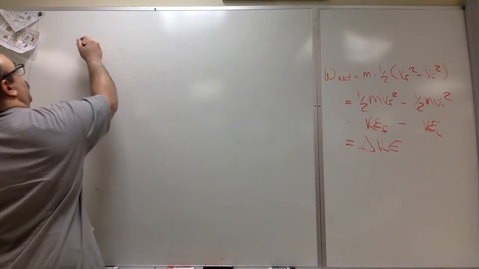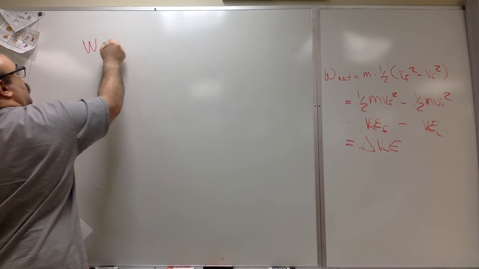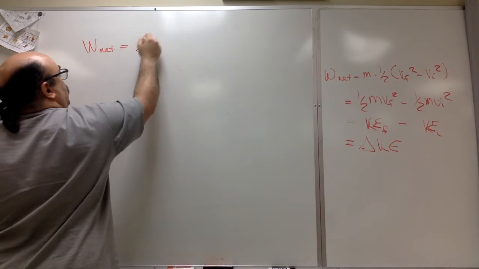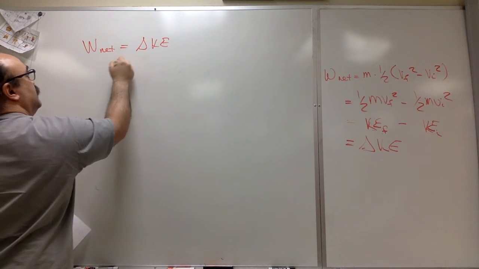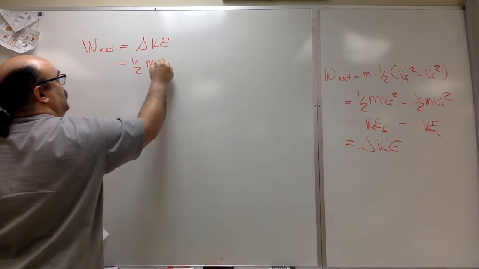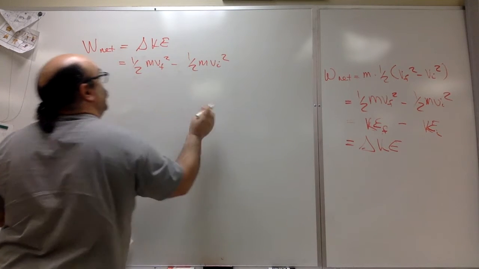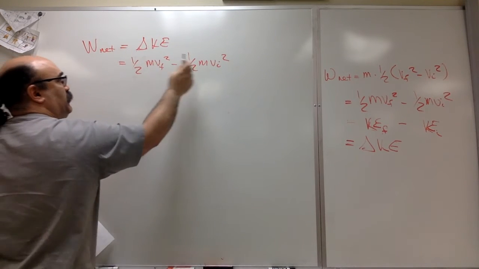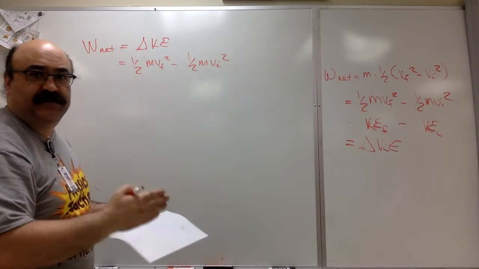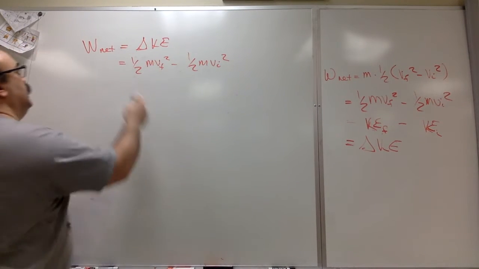We have then that if the net work equals delta KE, that is equal to 1/2 m v sub f squared minus 1/2 m v sub i squared. Again, delta is always final minus initial. Delta x is always the final minus the initial x. Okay, we have that.